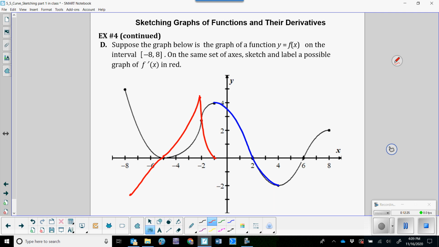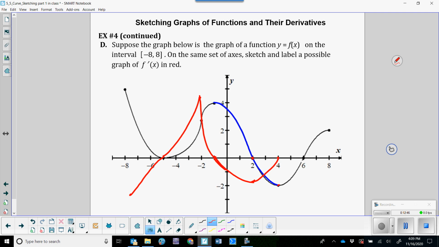So if we know that this is the graph of f, we're also changing concavity right here. So that means that this graph would have a minimum right here, and then it would go back up until it gets to 4, and then it should equal 0 because of this point right there, right?